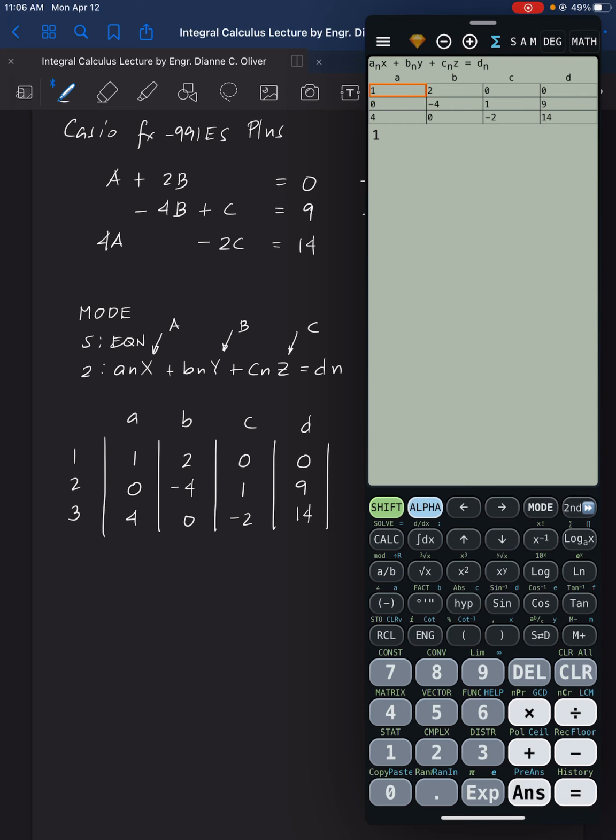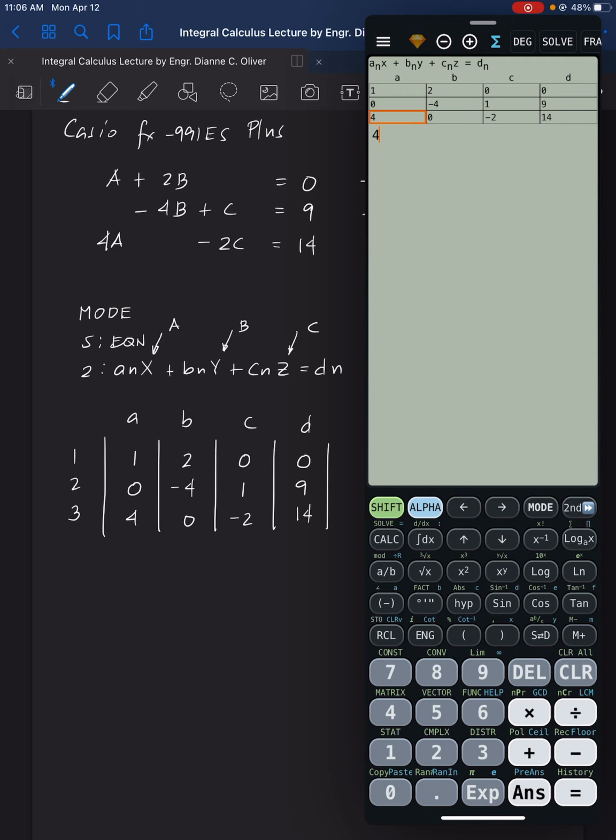So here you go, that's the table. So I will input there 1. So 1 equals, input 2, then equals, input 0, input 0, input 0, input negative 4, then input 1, input 9, and then click equal.